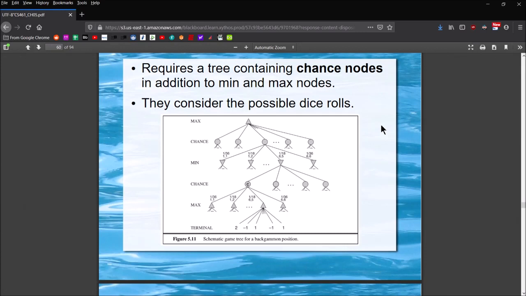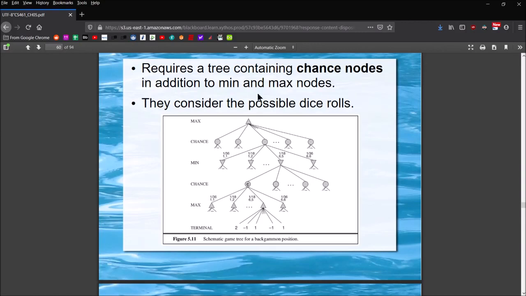We're going to have a tree that's going to contain what are called chance nodes, and these are going to be in addition to the usual min-max nodes that we had from the previous min-max algorithm that we studied. So what are they for? They're inserted into the tree so that we can consider what all of the possible dice rolls could be, right?